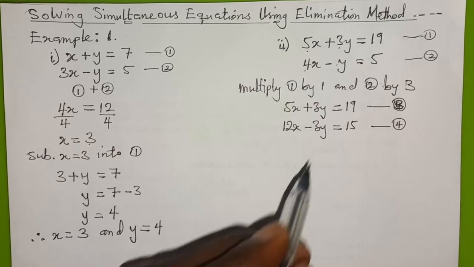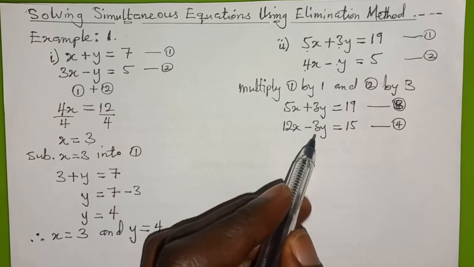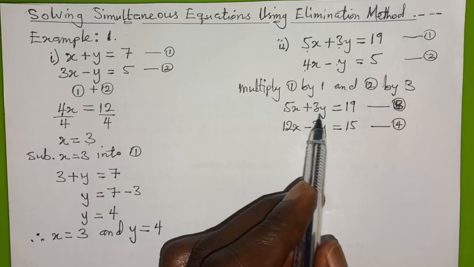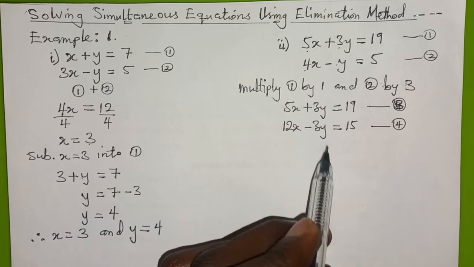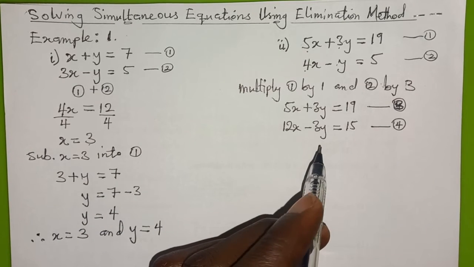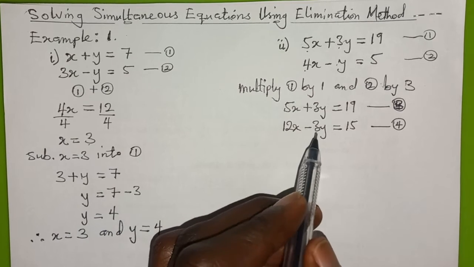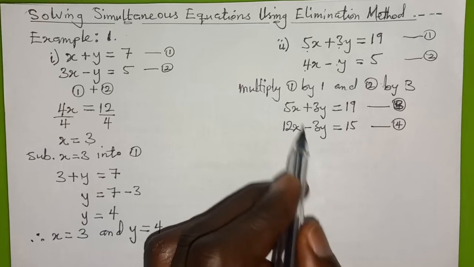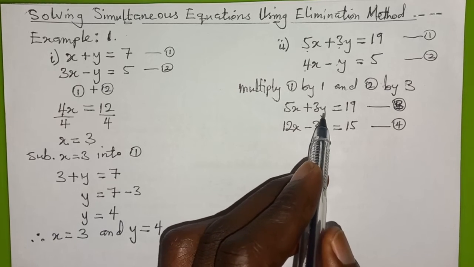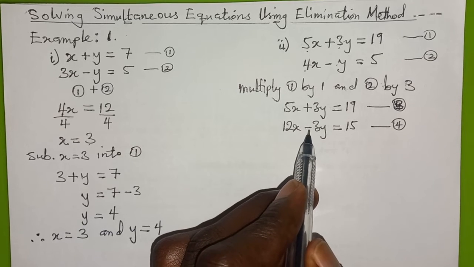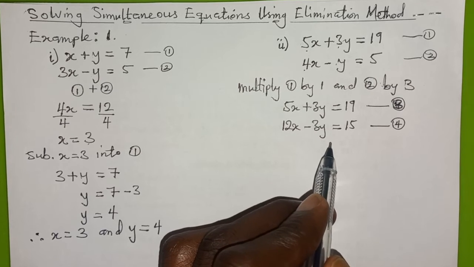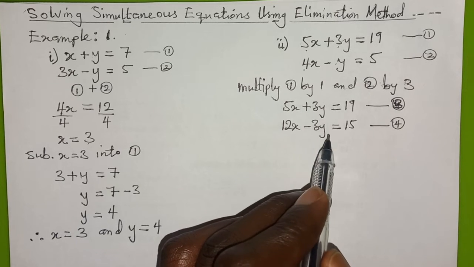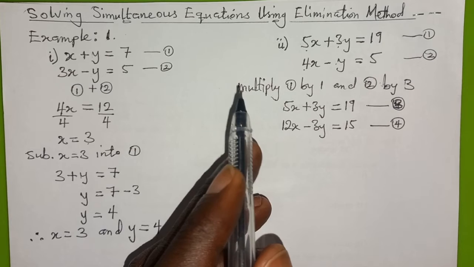All right. So this was what I was talking about earlier. You realize that 3y and negative 3y, we can simply eliminate them. Over here as well, we need to add them because when we add, we'll be able to eliminate. So 3y plus negative 3y means that the 3y and the 3y will go off.